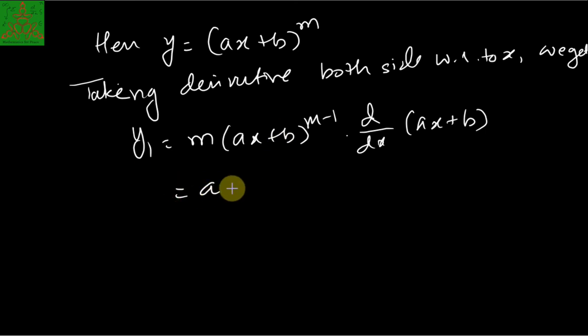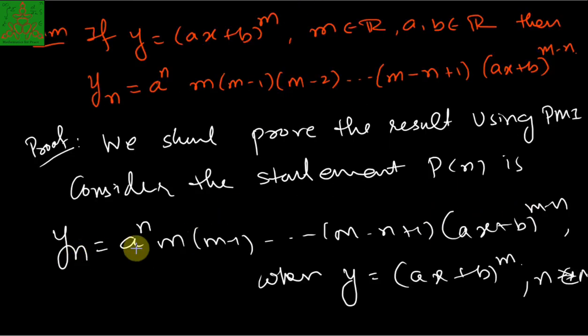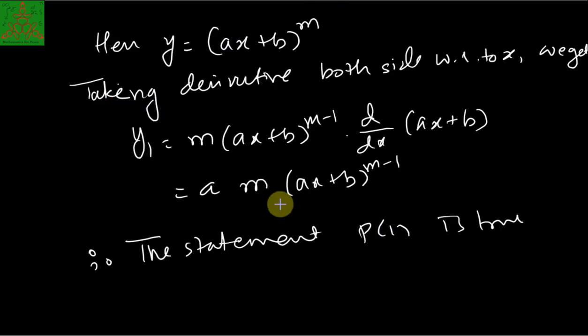So this gives a into m into ax plus b power m minus 1. Therefore the statement P1 is true. You can see that if n equal to 1, this is a power 1, and there is only m, and then m minus 1 as the power.